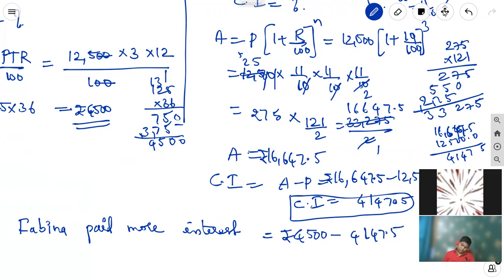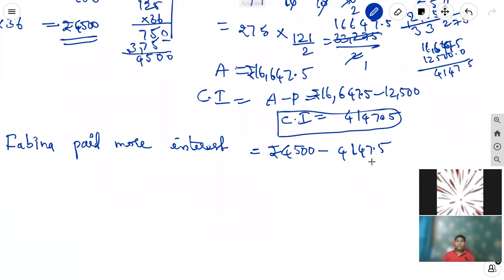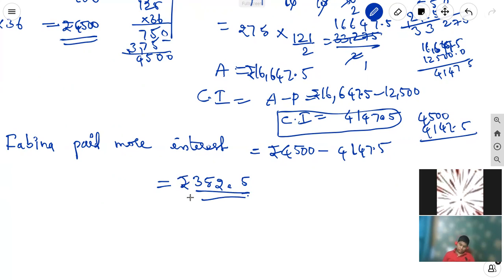How much did she pay more? It is equal to 4,500 minus 4,147.5, which is 352 rupees, 0.5.